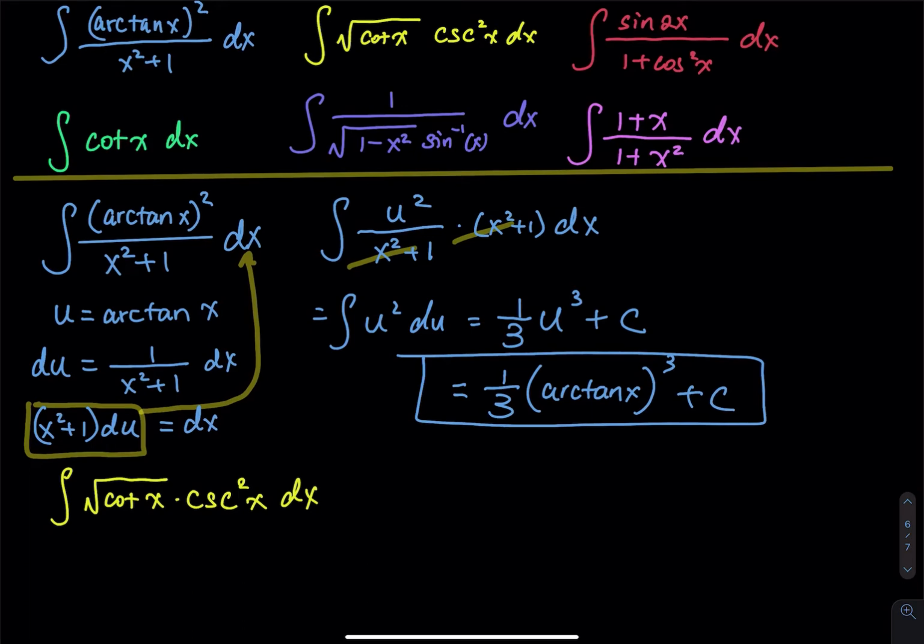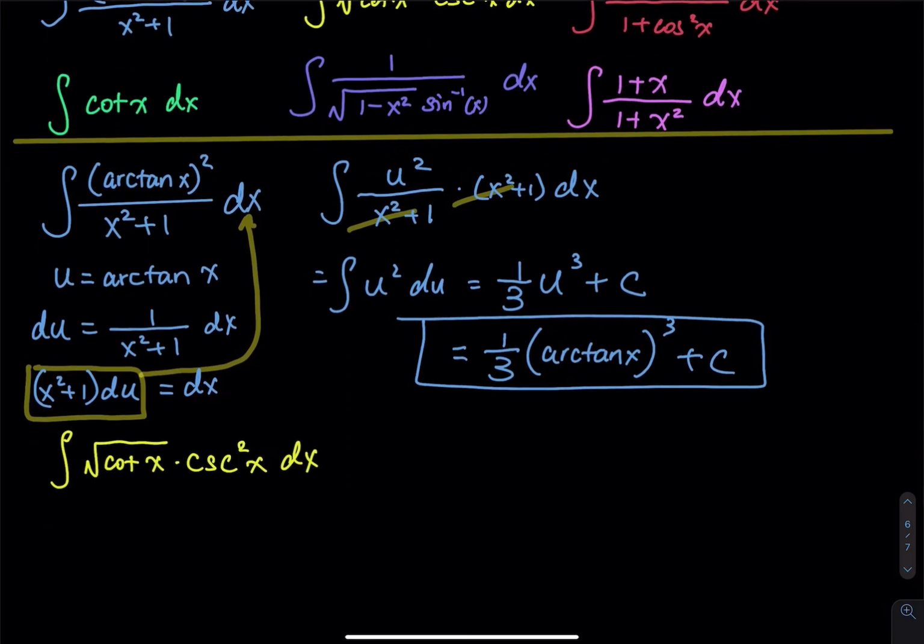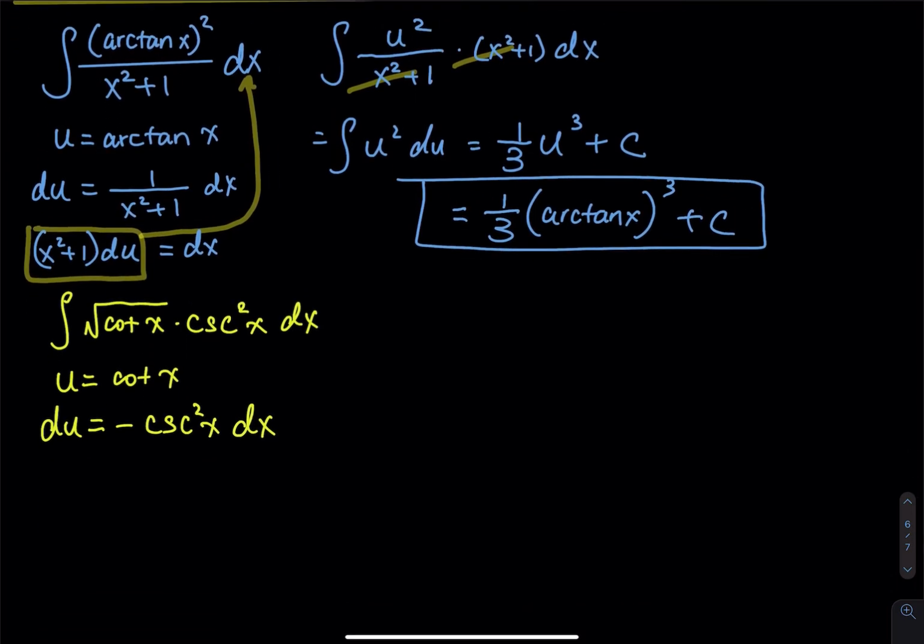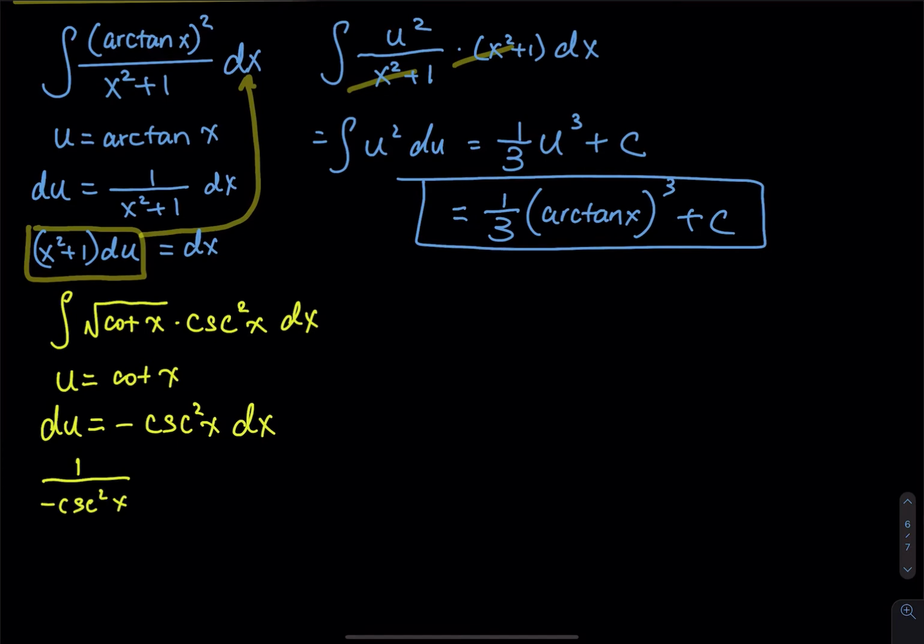But the purpose of letting u be cotangent x is this: u equals cotangent x. The biggest reason is when you do du, that equals negative cosecant square x, which is just enough to get rid of the cosecant square x. So that's why we let u be cotangent x, and then 1 divided by negative cosecant square x du equals dx.